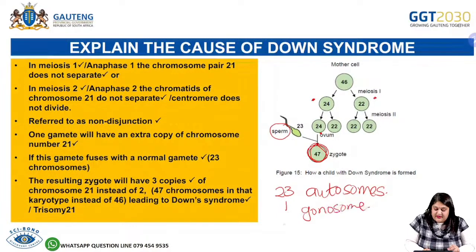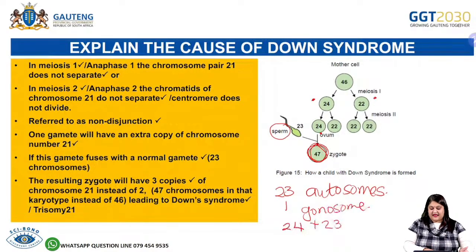That is going to bring us to 24. So that's how we have a haploid cell, a gamete with 24. When that gamete fuses with a normal gamete, we are going to have a zygote with 47 chromosomes.